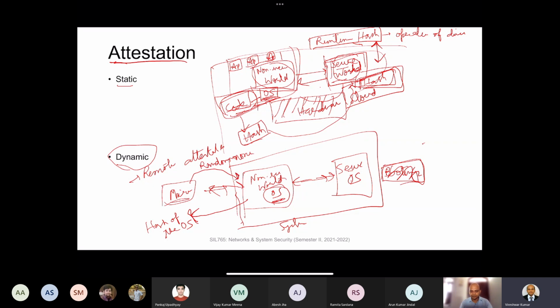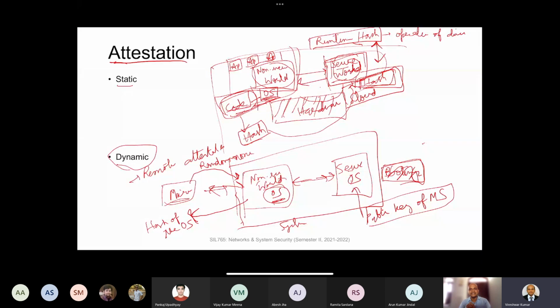The first thing is to figure out what the current version running on the non-secure one is. The second step is that Microsoft will send a random nonce. I also need to highlight that the public key of Microsoft is stored in the secure OS.